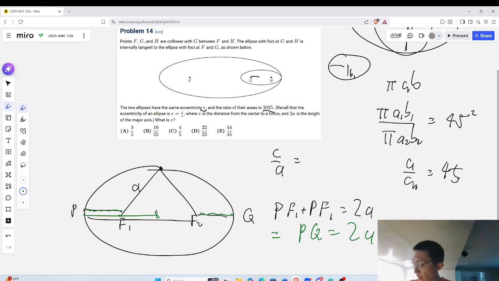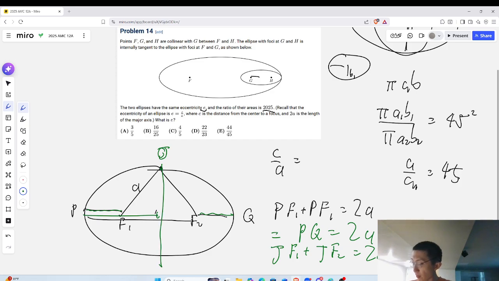Now if we take our focal length definition and take the co-vertex J, then by definition JF1 plus JF2 is constant. So that constant must also be 2A.